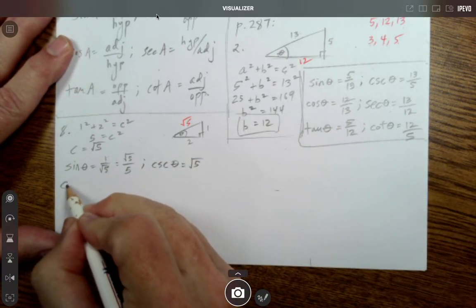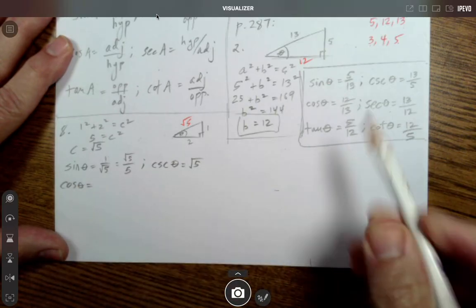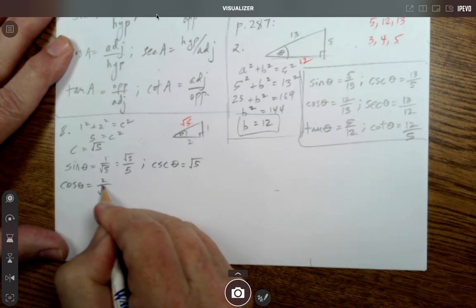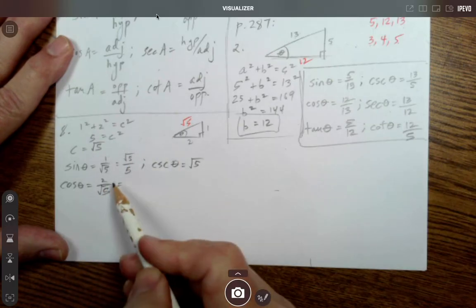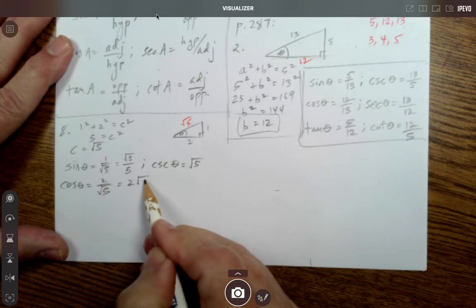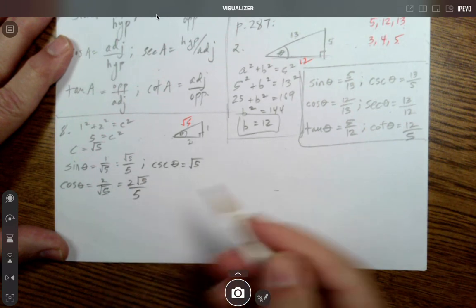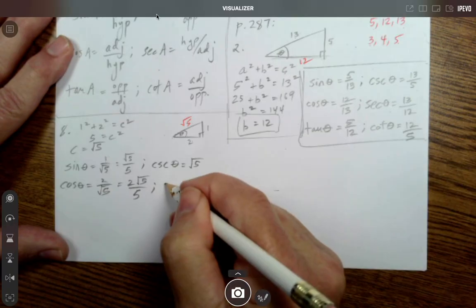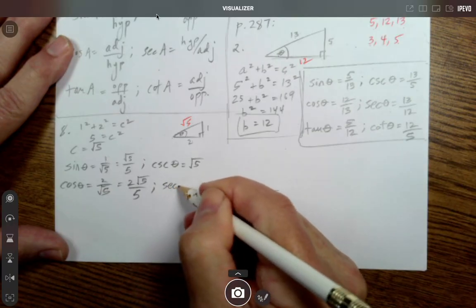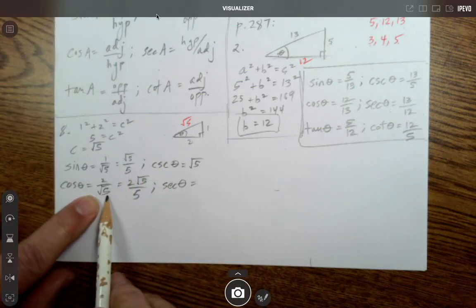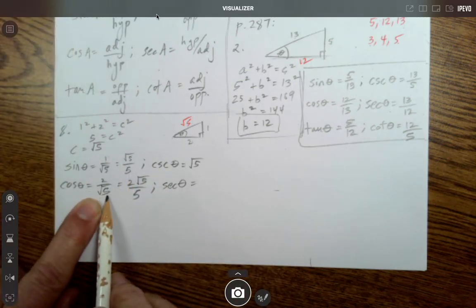All right, cosine of theta, that's going to be 2 over the square root of 5. Now I want to multiply the top by the square root of 5. I get 2 square roots of 5. And multiply the bottom by the square root of 5, I get 5. So there's that. And the secant of theta, which is the reciprocal of cosine, is going to be the reciprocal of that, which is square root of 5 over 2.